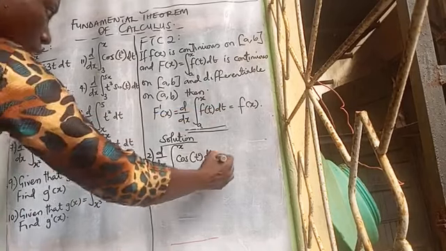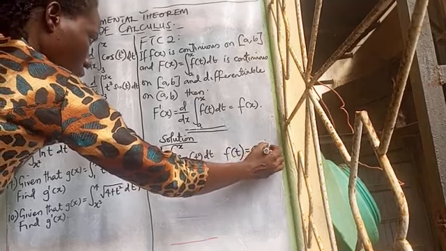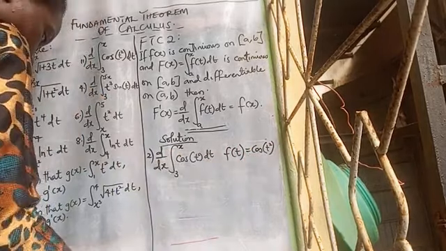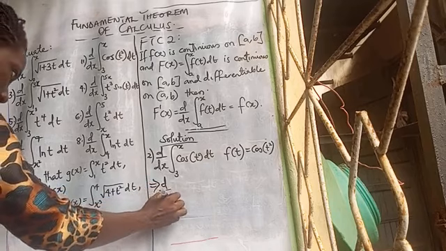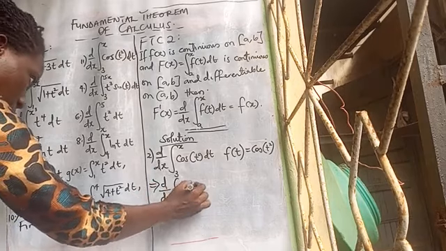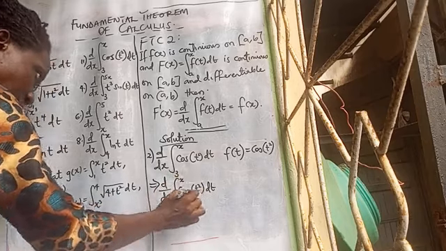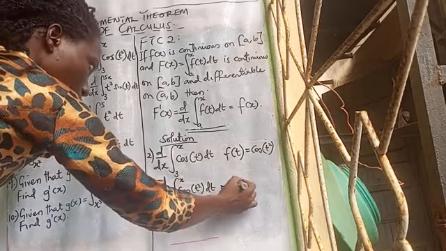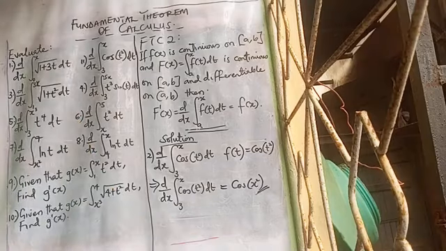In this case again, my f of t is what? Cos t squared. And so it implies that d/dx of the integral of cos t squared dt from 3 to x will be what? Will be cos x squared, straight away. Isn't that simple? Simple. We are going to the third one.